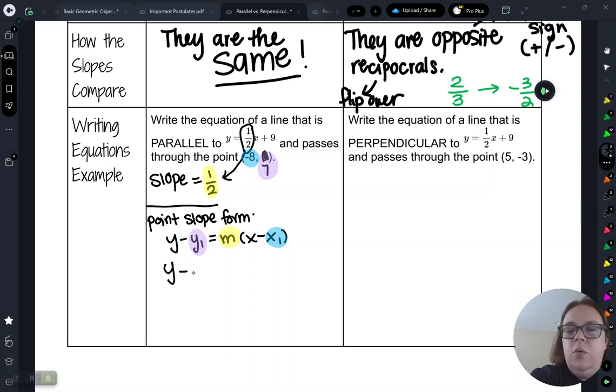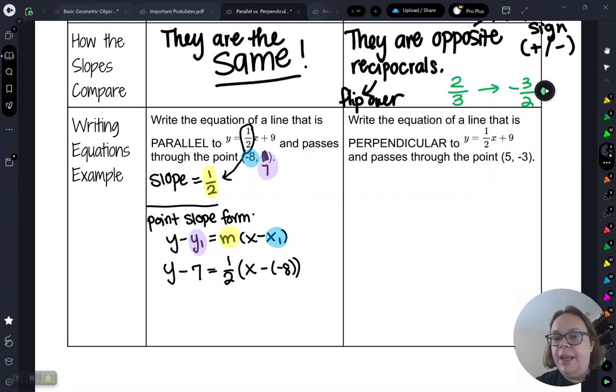Okay, so it's going to be y minus 7 equals 1/2 times x minus -8. Remember, when you're plugging things in that have a minus sign in the formula, but you're plugging in a negative, you've got to have both negatives, because that's going to turn into a positive 8. Now, if we want it in slope-intercept form, y equals mx plus b form, we're going to have to do a little rearranging.